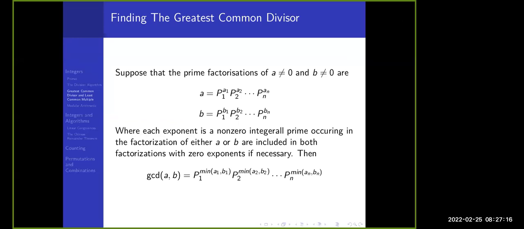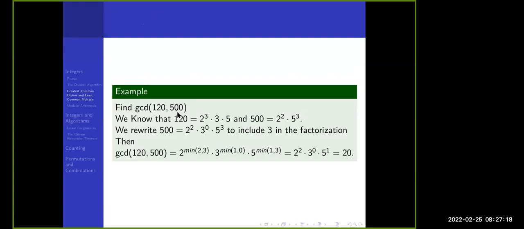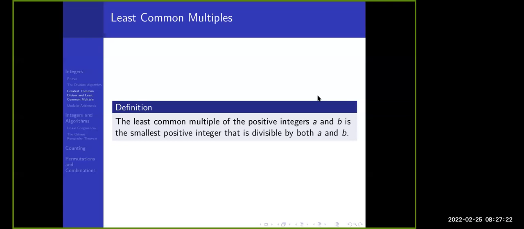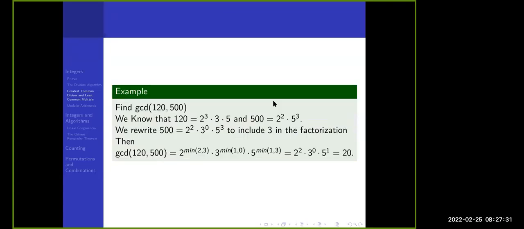So let's apply this technique here. We want to find the greatest common divisor of 120 and 500. This is the problem we need to solve.